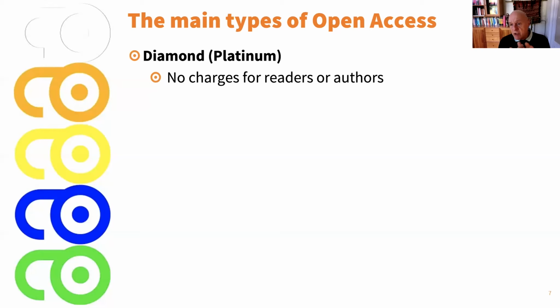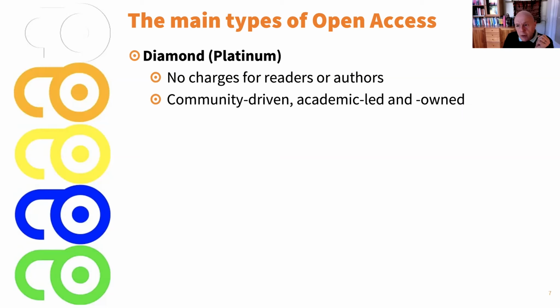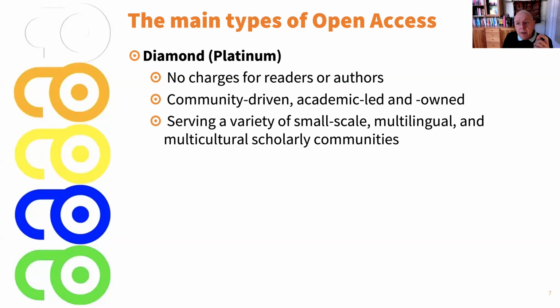And in contradistinction with gold now, the term diamond or platinum has been developed for a model of publication that has no charges for readers or authors. And this is, I think, an important model. My own journal is a diamond open access model, a diamond open access journal. These are very often community-driven, academic-led and academic-owned journals. So these are not commercial publishers that do this. And these diamond journals also serve a variety of small-scale, multilingual and multicultural scholarly communities.